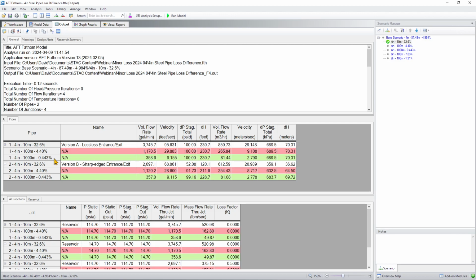So the longer the pipe, the less difference there will be in the velocities, which is kind of expected. The more frictional effects that the pipe can impose on the fluid flow in relation to the minor losses, that's the correlation that we are seeing here.